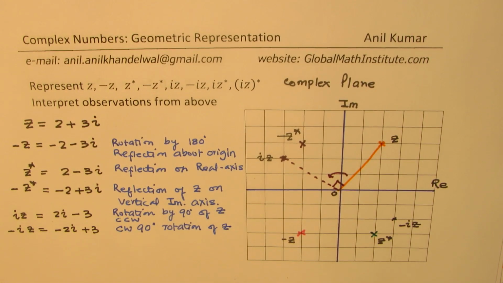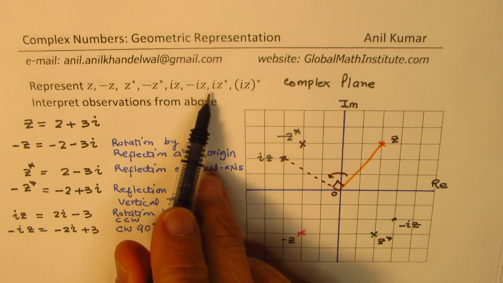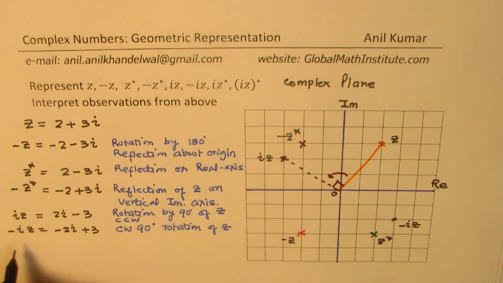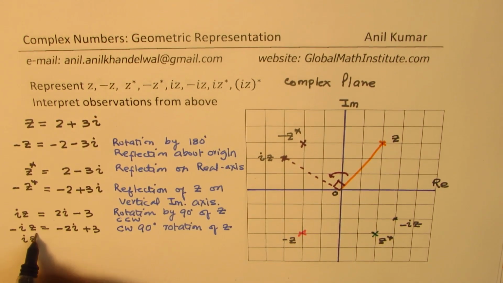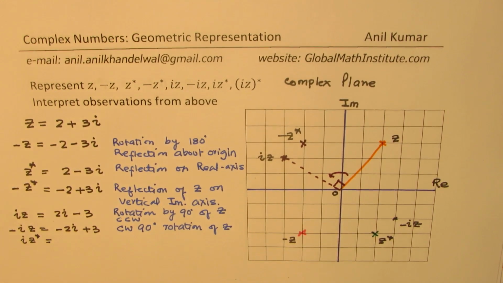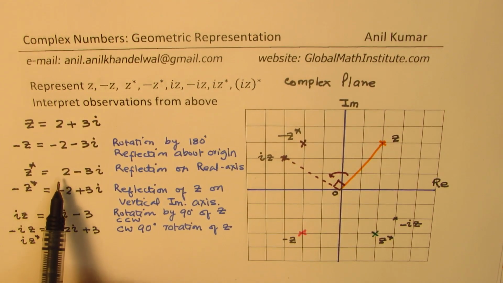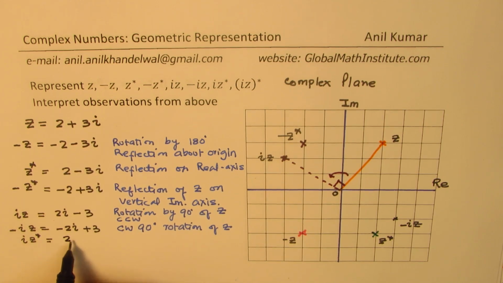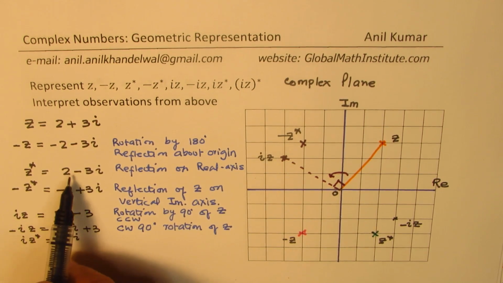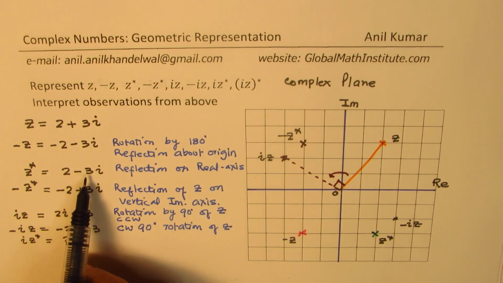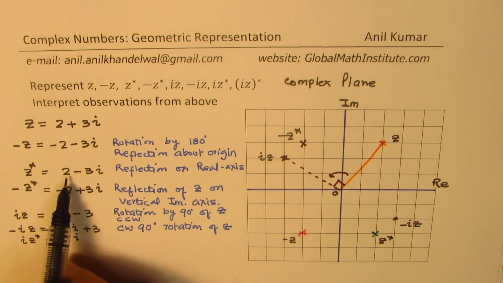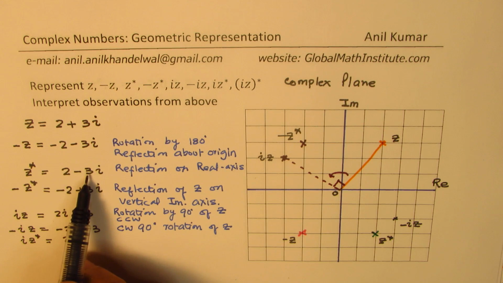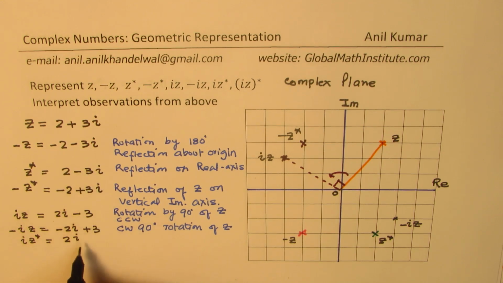Perfect. So we are comparing with the original position, all these. The next one here is i z conjugate. So the conjugate was 2 minus 3i. If I multiply this by i, we get 2i plus 3i, right? So if I'm going to multiply this by i and i squared becomes minus 1, so we get plus 3.